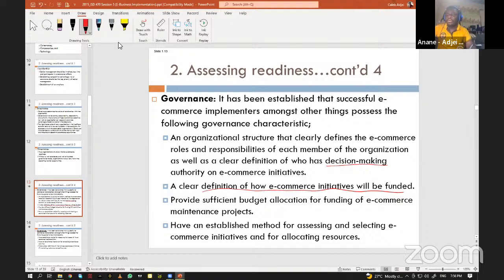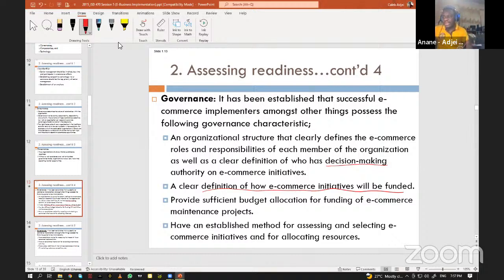Apart from funding the project, there should be a maintenance system, because you are going to be transacting business online, and the online platform is full of hackers and other things. So you need to maintain your system in terms of security and other things. So funding for maintenance should be clearly defined.